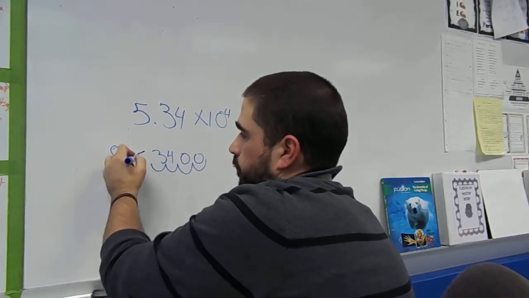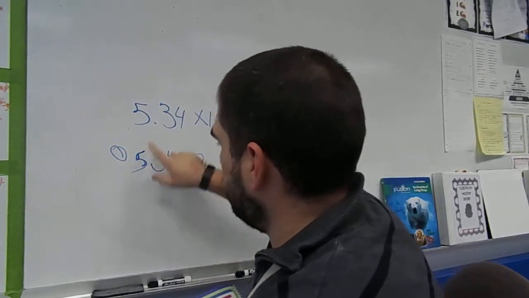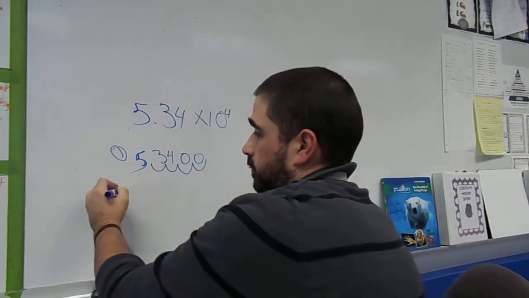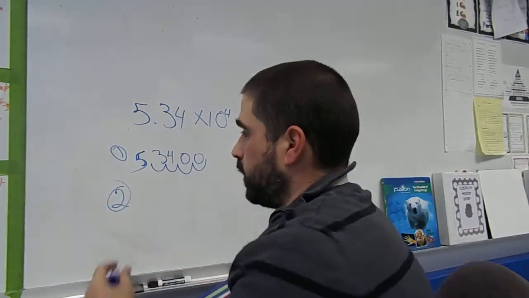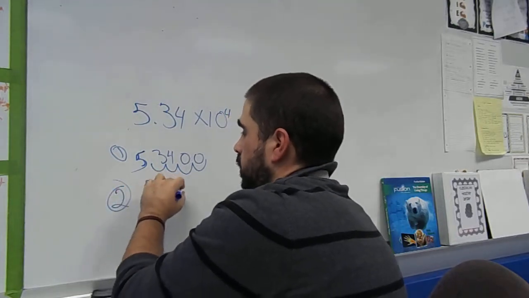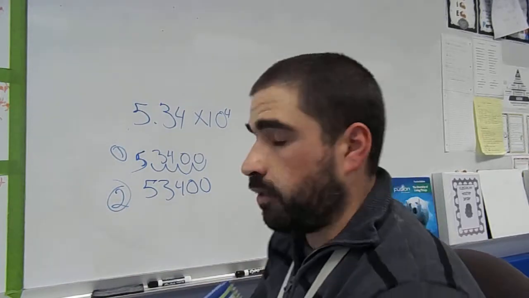So step 1 when you're working with this is adding the places over how many spots you have. Step 2 is taking out your little squiggles and rewriting the number. So I have 5, 3, 4, 0, 0.